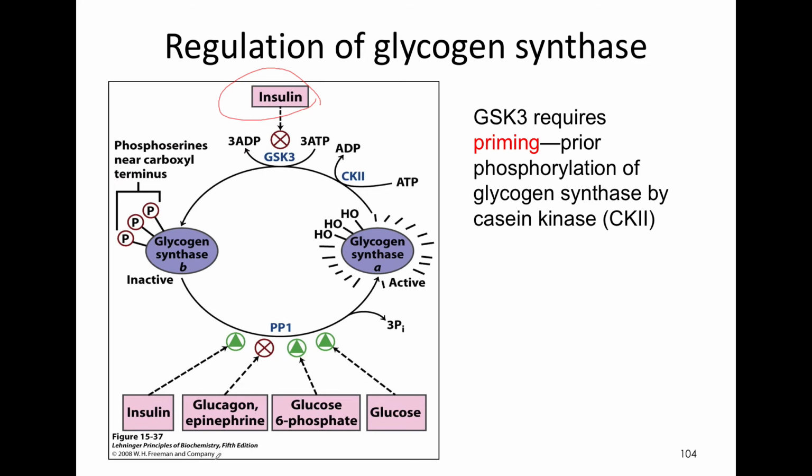But if there is a signal from glucagon or epinephrine, these two hormones will inhibit PP1 from taking away the phosphate group, just so that glycogen phosphorylase will be active. Okay, so this is the interrelationship between the process of glycogen production and glycogen breakdown.